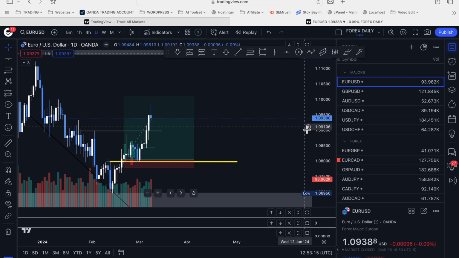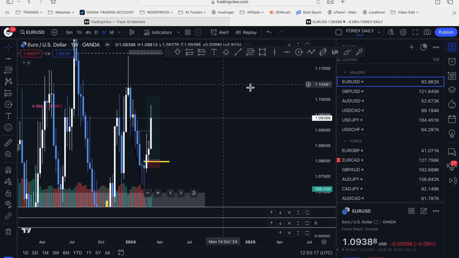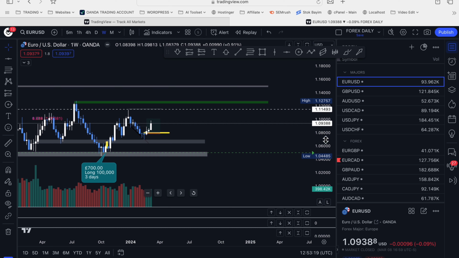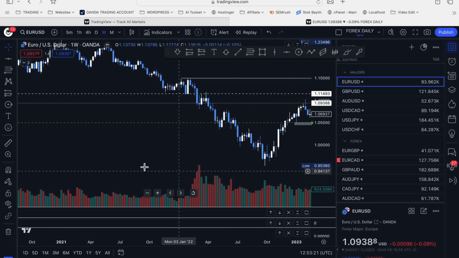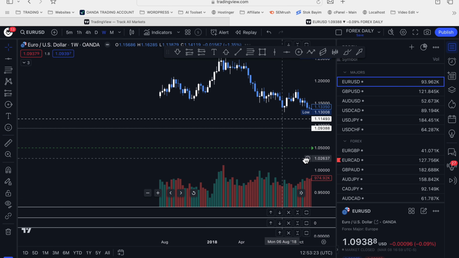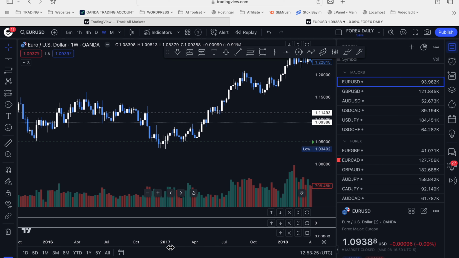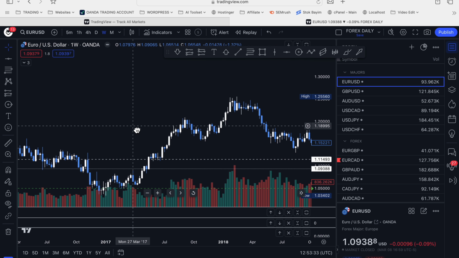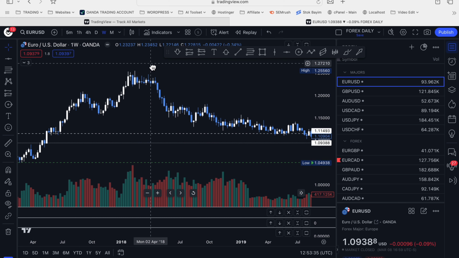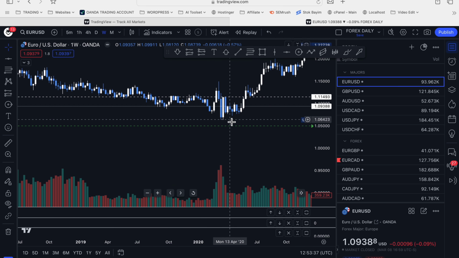It's 1.9. Okay, so let's go into the weekly time frame. So it's 1.9 today. Okay, let's go back here. This is 2017. What do we see here? Yes, it went up to 1.20 and up to 1.25, but it comes back down to 1.6, 1.9.